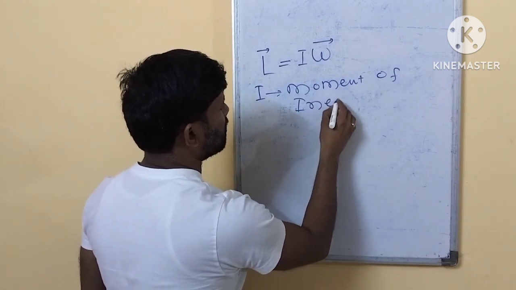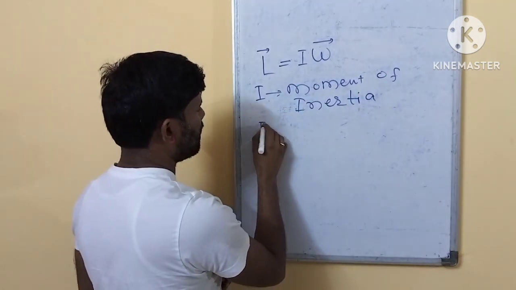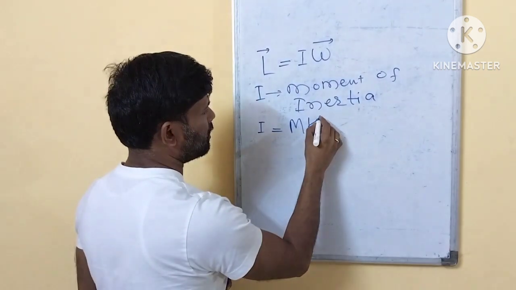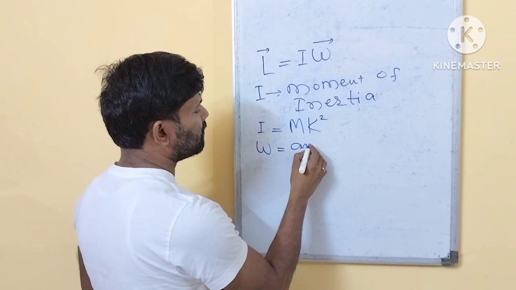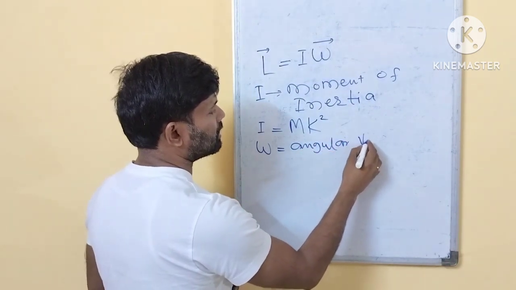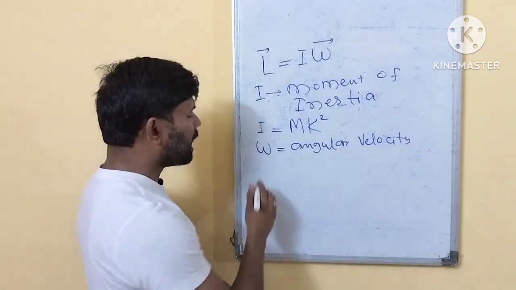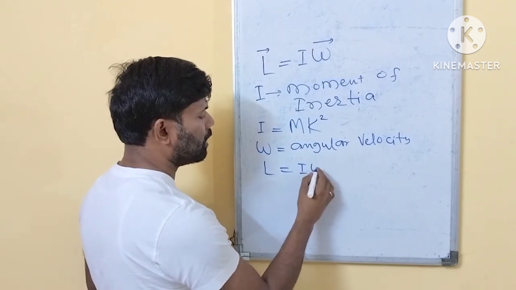Moment of inertia formula I already explained in the previous videos: I is equal to mk square. Omega is angular velocity. I am taking magnitude only: L is equal to I into omega.